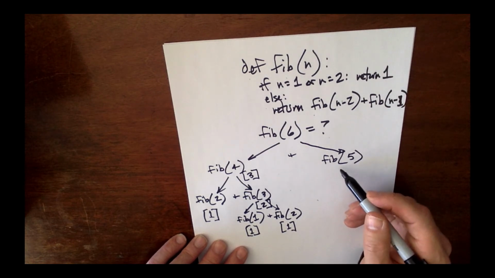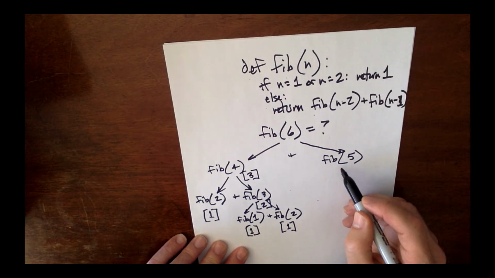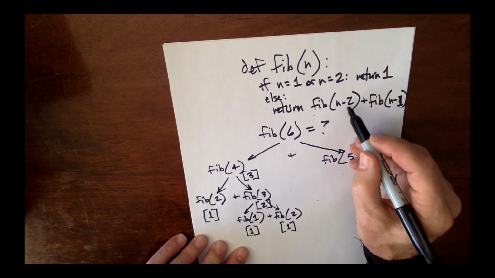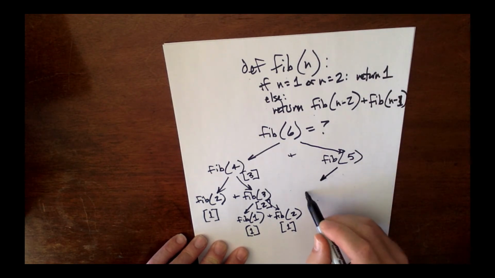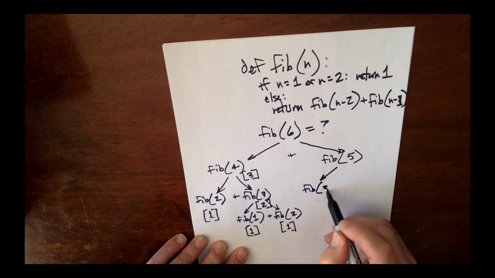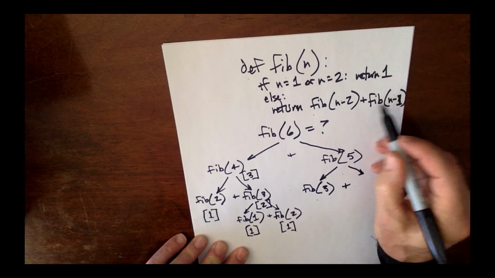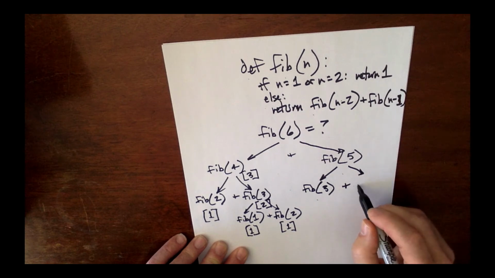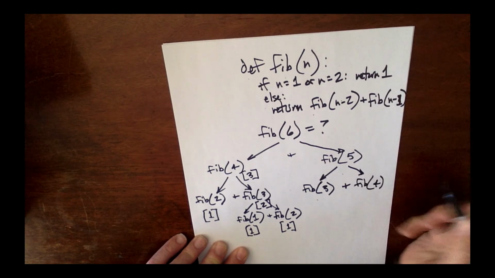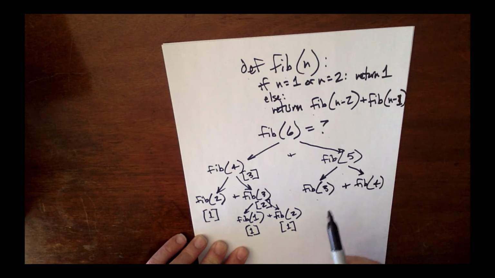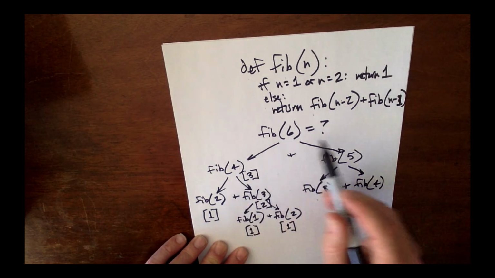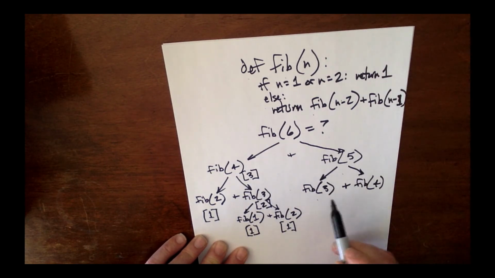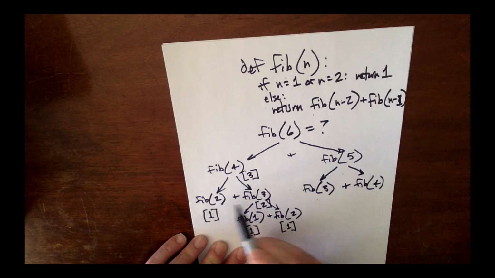Well, let me jump in there and figure out what's going on with the Fibonacci value of 5. That's going to be equal to index 5, 5 minus 2, or Fibonacci of 3, plus the Fibonacci value of 5 minus 1, or 4. This is really interesting because although I've already calculated Fibonacci of 4 over here and Fibonacci of 3 here, when you do recursion like this, unless you do some pretty fancy stuff, the computer's not going to know the values that have been calculated over here separately.